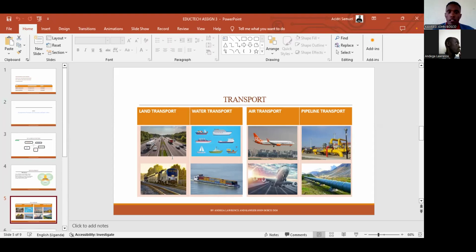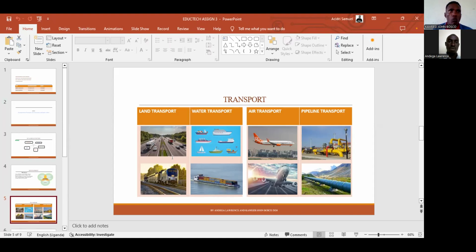So, that is one of the major types of transport. Another type that you may think about is water transport. Water transport means the movement of people, the movement of goods from one place to another across water bodies.